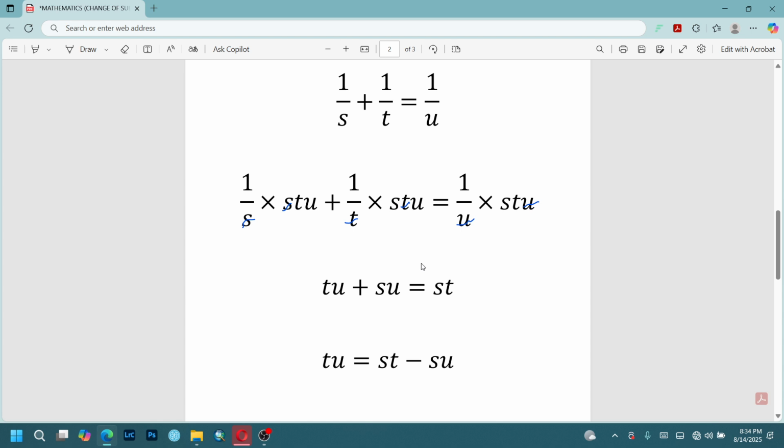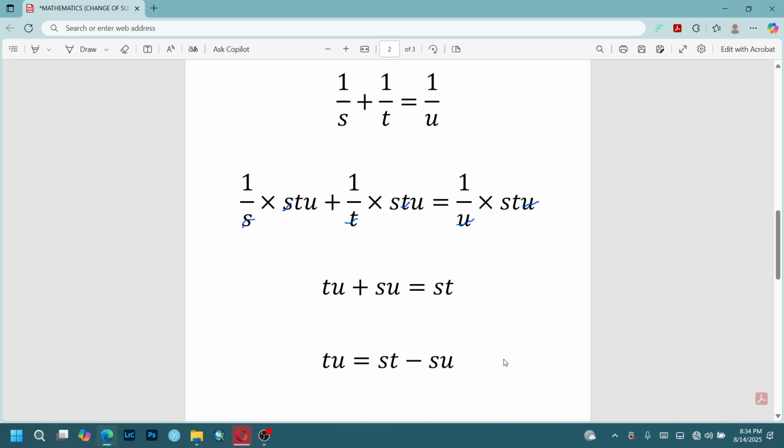Even supposing this SU was a negative number and it crossed the equal to sign, it would have changed into a positive number. So that is it.